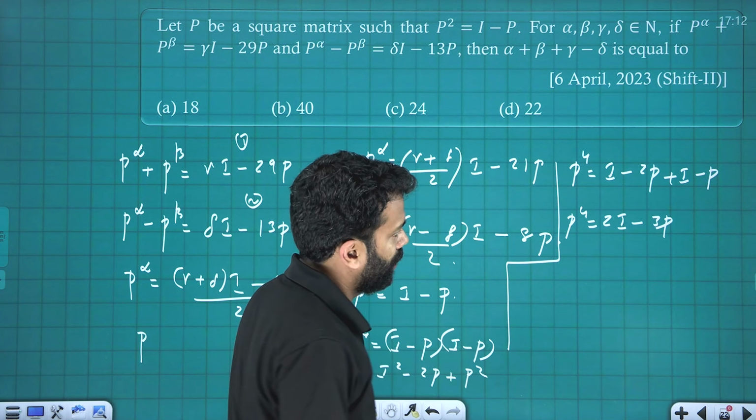But I want more space here, that's why. So what is p raised to 8? That is p raised to 8 is equal to 4i minus 12p plus 9 into p square, right? And what was p square? Again I minus p, that is 9 into I minus p.